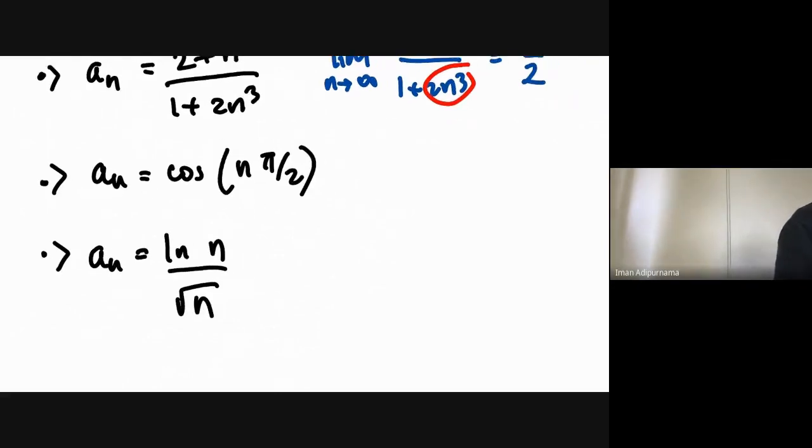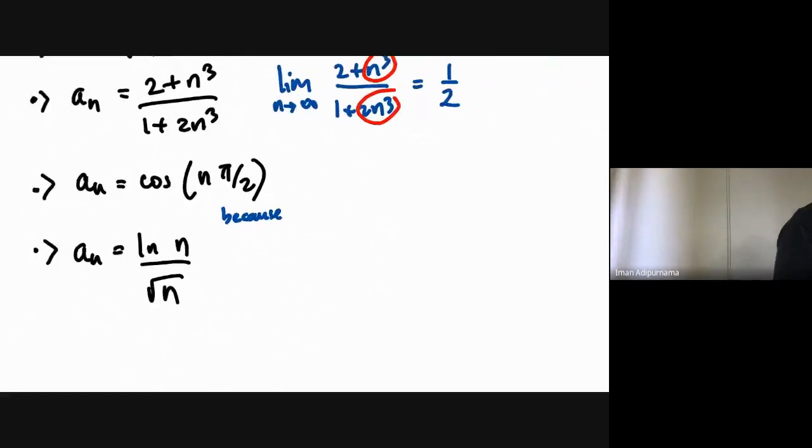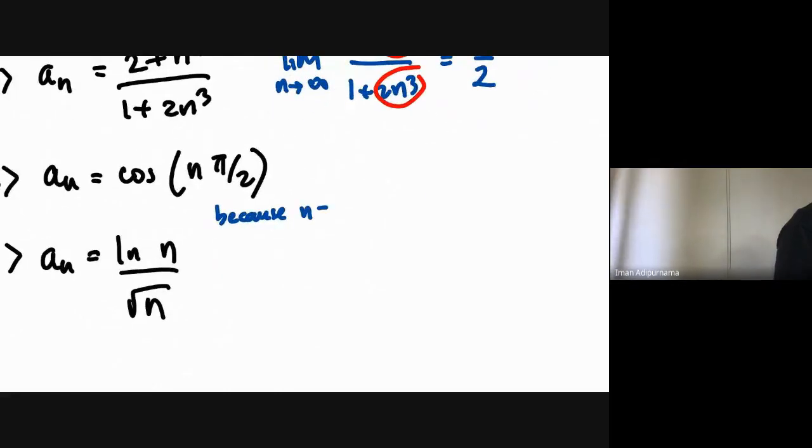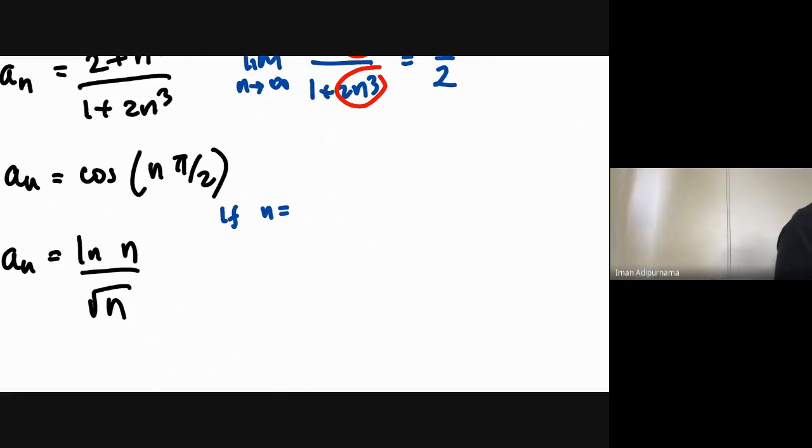Let me write: if n is odd, a_n is 0. If n is even, a_n is plus or minus 1.